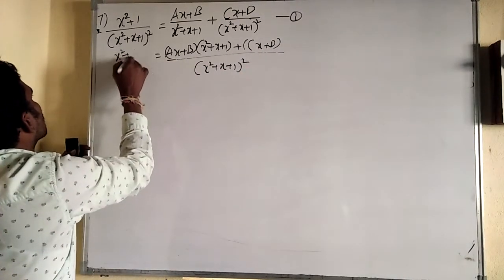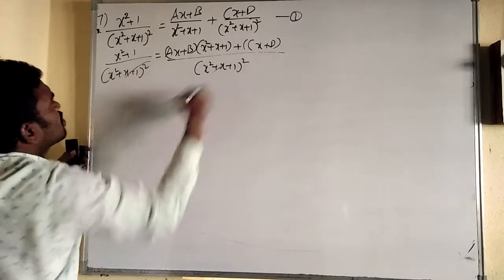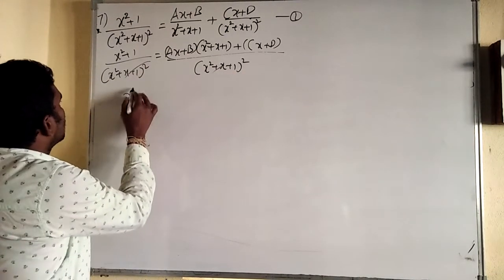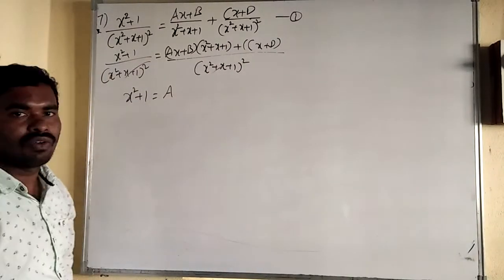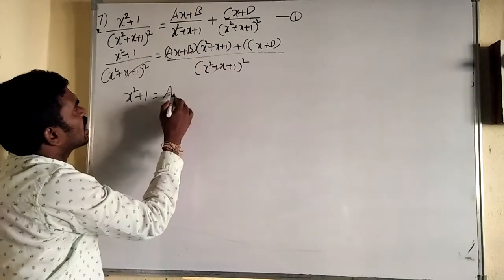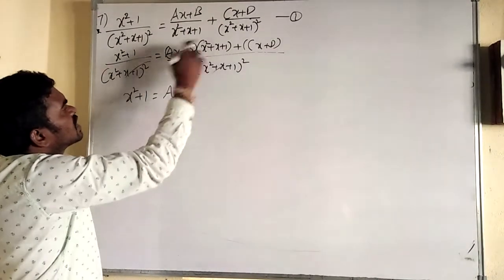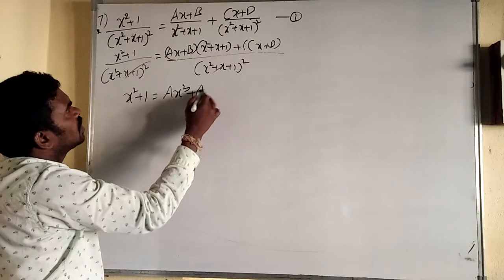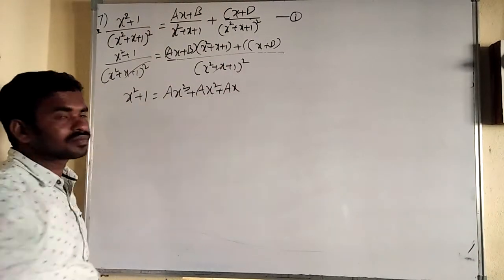So left hand term (x square plus 1) by (x square plus x plus 1) whole square. Same terms gets cancelled. Then x square plus 1 equal, simplify it. Okay, ax into x square, ax cube, ax into x, ax square, ax into 1, ax.